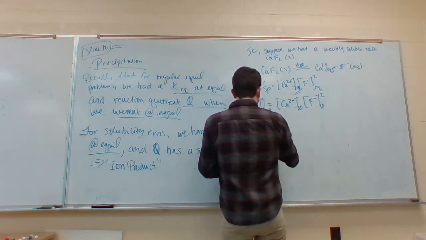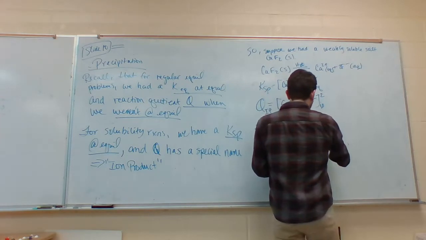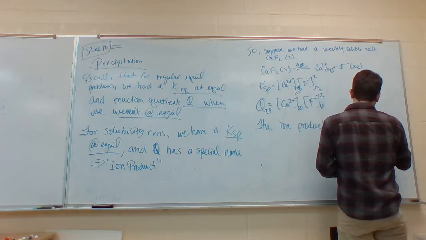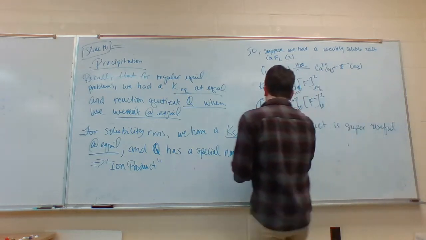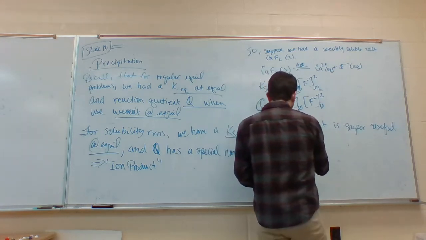Now, the ion product is actually pretty useful. And it's useful because it can tell us when a precipitate will form.